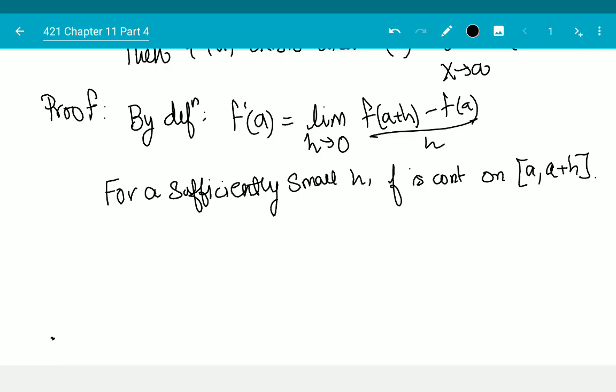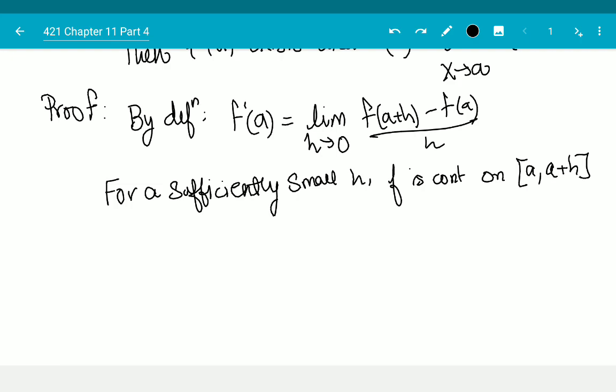Basically, use the epsilon delta definition. For a given epsilon, if you find the delta to be, let's say, delta 1, take the delta on a to a plus h as delta over 4 or something, and it will work out by our standard trick.